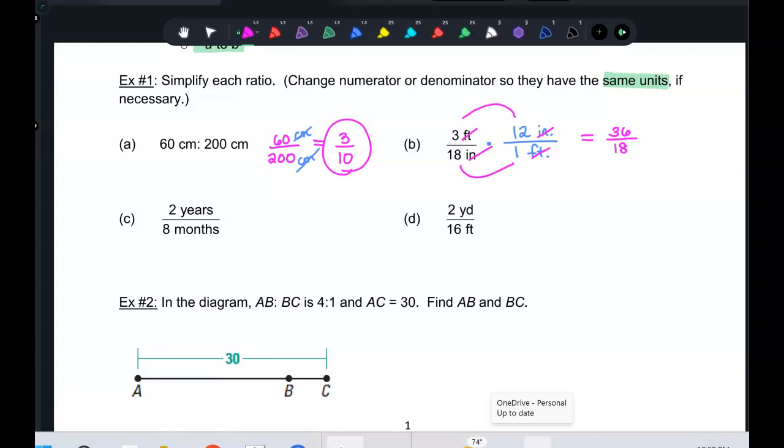Now, it does go in evenly, but I want to leave this as a ratio. So I'm going to leave this as 2 to 1, because 18 goes into 36 twice. So if I ask you to simplify a ratio and it comes out to a whole number, just put it over 1.